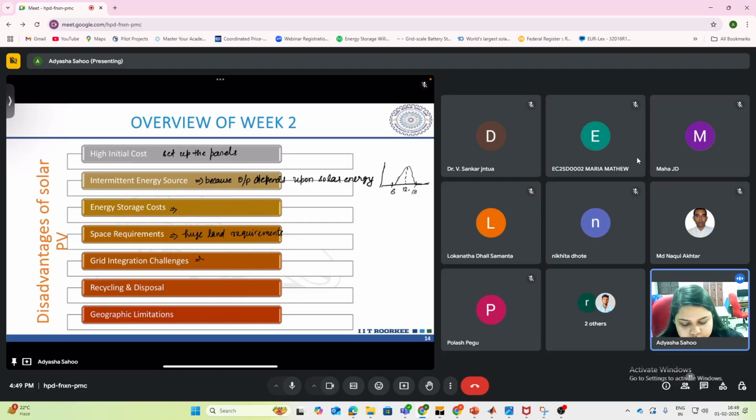Then the challenge of integration to the grid, because again these are intermittent in nature, so sometimes they will create over voltage during the day, but again due to their absence at night, an under voltage problem during night due to the variable injection of power from them.